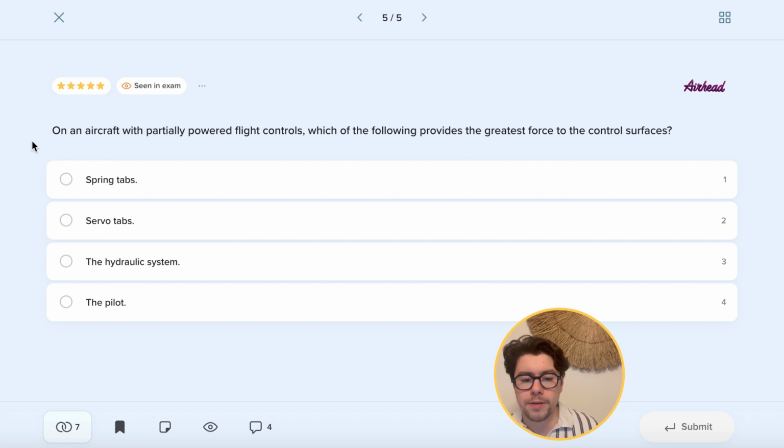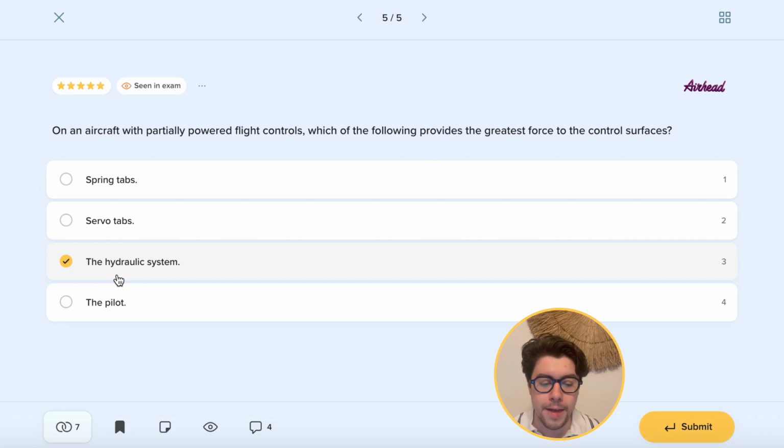And now question number 5, which is the last question that we are going through here today. On an aircraft with partially powered flight controls, which of the following provides the greatest force to control surfaces? And of course here, the correct answer will be the hydraulic system, as in the partially powered flight controls, as it is with some manufacturers like, for example, Boeing.